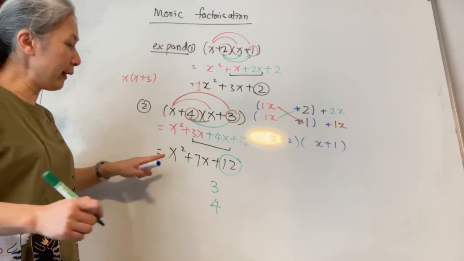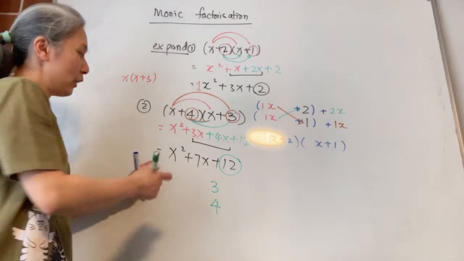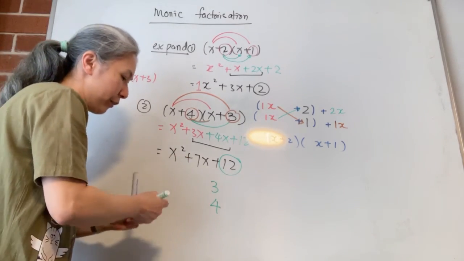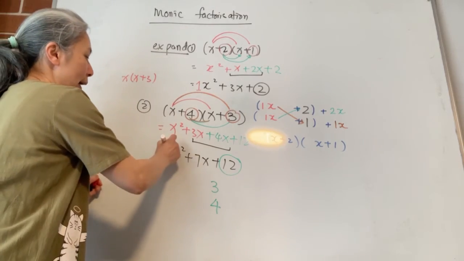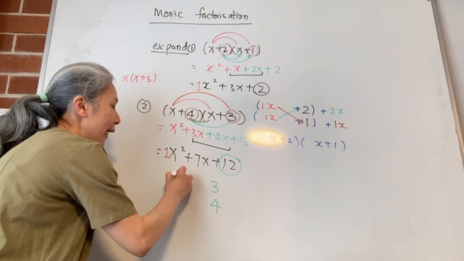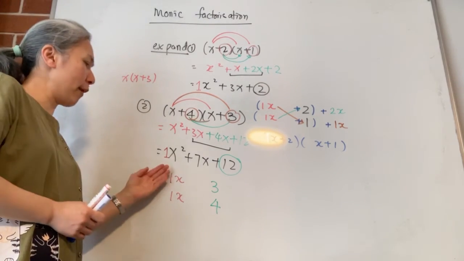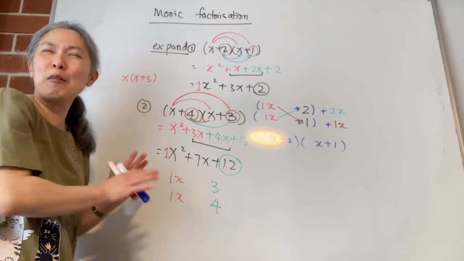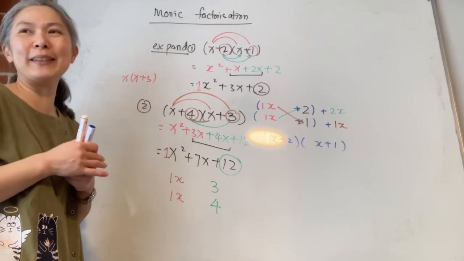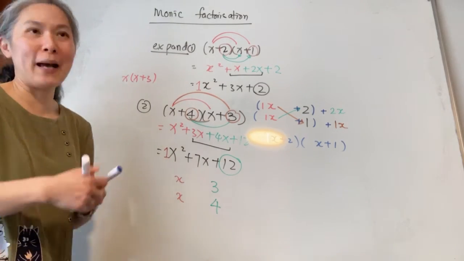And for the second one, I always write 3 and 4 on the back because this is the one on the back. So the 1 is in the front. So you have 1x squared. So that means it's 1x times 1x. If you can, I would like you to write it just like x times x. Okay, not writing the 1x. It looks really weird. So I'm going to write x times x. Otherwise it looks so bad.